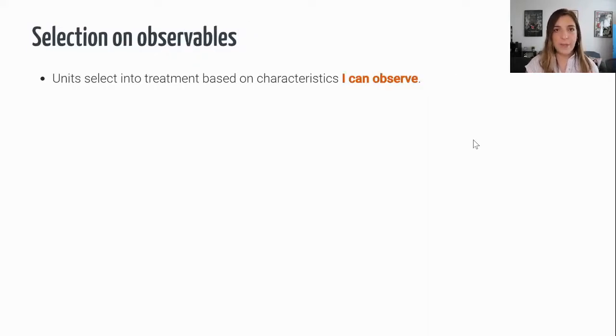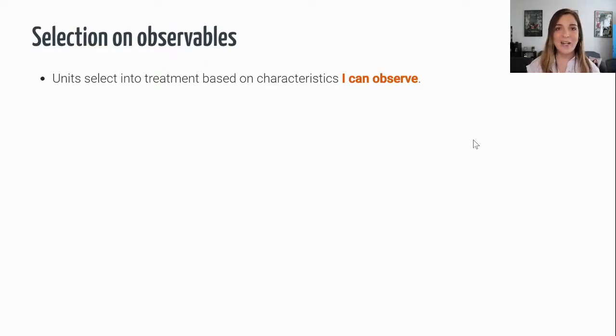So all that I've been talking about so far leads to one term that we're going to assume repeatedly through this chapter in particular, which is selection on observables. So I'm assuming that units select into treatment or into control groups based on characteristics that I can observe. And when I say characteristics that I can observe, I mean characteristics that are in my data.